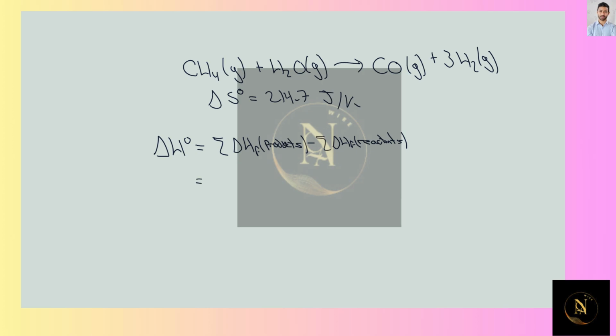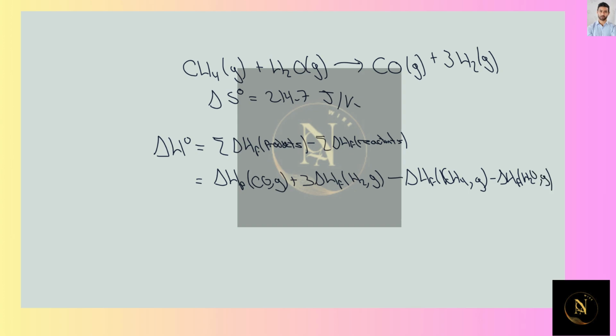So what this is going to look like is delta H of formation for CO as a gas plus 3 times the delta H of formation of hydrogen as a gas minus delta H of formation for CH4 as a gas minus delta H of formation for water as a gas.